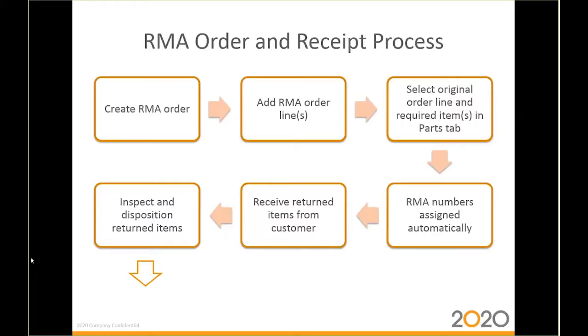So that order would go from enter to waiting for the product to be shipped back, and then once the product is received at the dock, there is an SFA frame for receiving those items, so you can look up by RMA number or by customer code, and you'll get a list of available unreceived RMAs. You receive those, it will assign those to a location, or you select an inventory location, and then there's a separate frame for inspection and disposition.